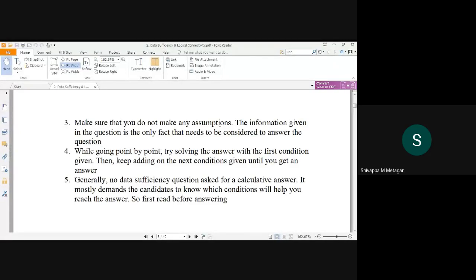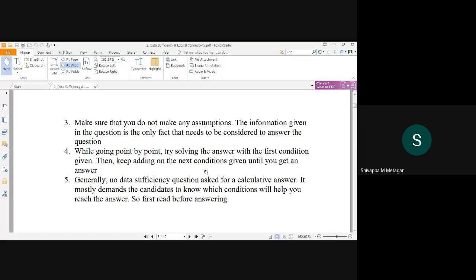The information given is the only fact that needs to be considered to answer the question. While going point by point, try solving the answer with the first condition given, then keep adding on the next condition.